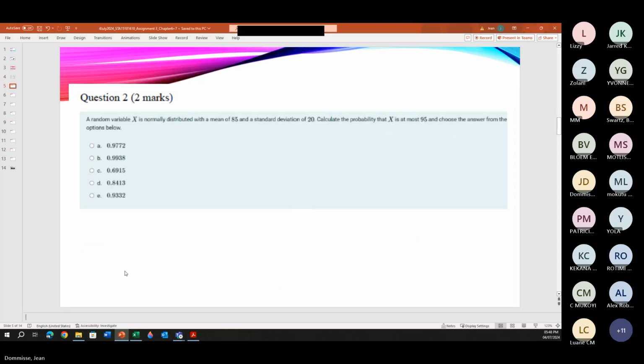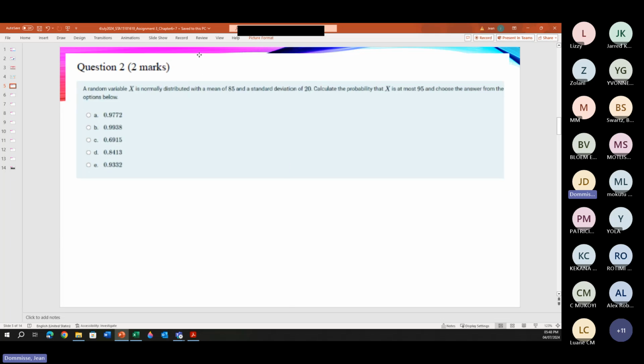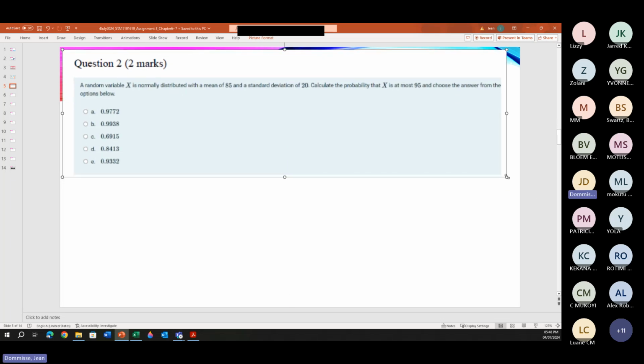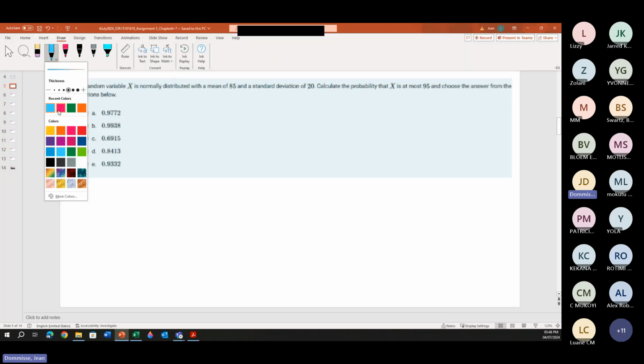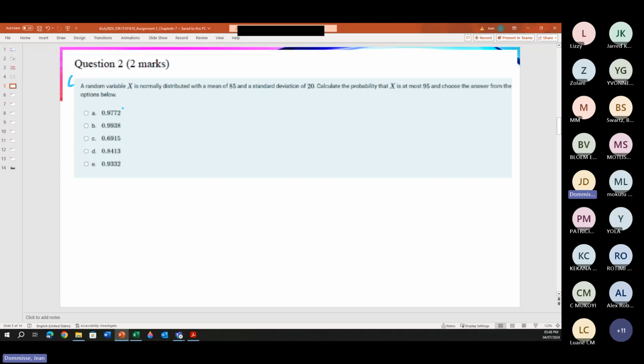Okay, then they also go into the traditional ones where they give you information and you need to work out the probability. So again, this is out of study unit 6, where they say a random sample X is normally distributed with a mean of 85, standard deviation of 20.